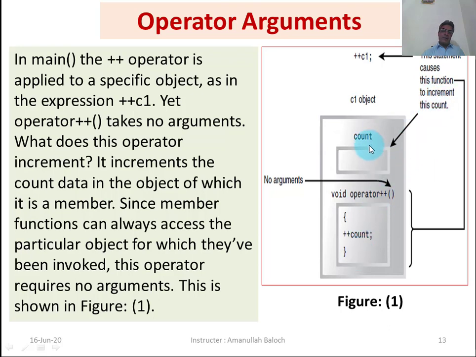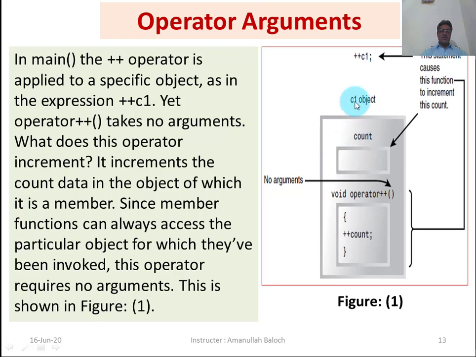So count is a variable which is assigned to this object. C1 is an object of the counter class, and the counter class will assign the memory of count to this C1 object.